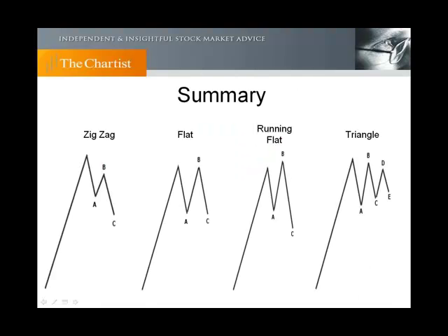Here we have a summary of all our patterns side by side, so you get a bit of an idea of where we're at with them all. First and foremost, we've got the zigzag. You can see the deeper kind of pattern. The flat pattern tends to be a lot flatter, so you'll tend to have a zigzag in the wave 2 position. You'll tend to have a flat pattern in the wave 4 position. You will tend to have a running flat in either the wave 2 or 4.